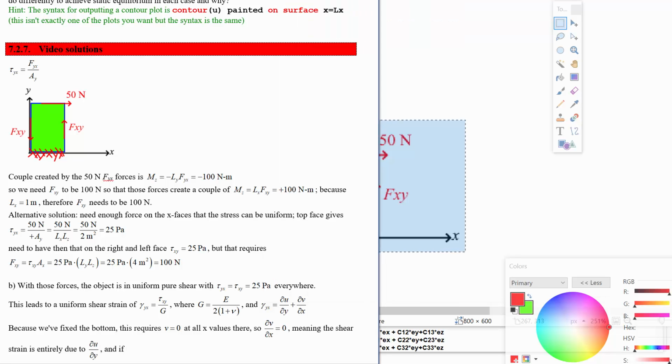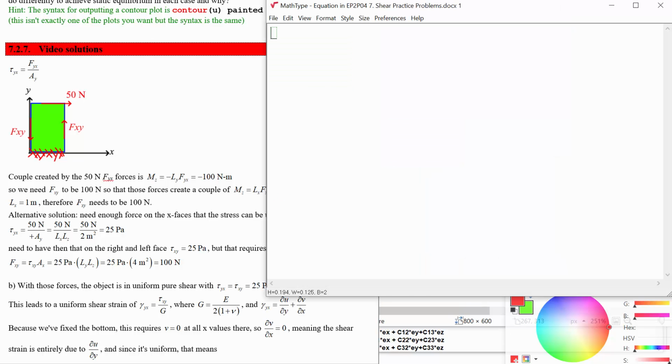And if it's uniform, and well, I guess I should say since it's uniform, that means that gamma yx is equal to, in fact, the delta U, the total U, delta x, like U at Ly over Ly.